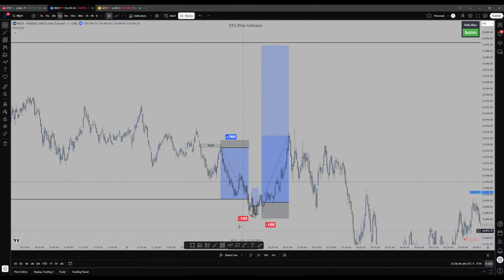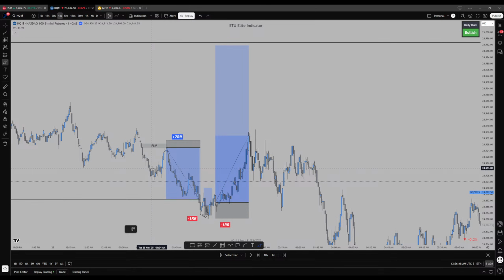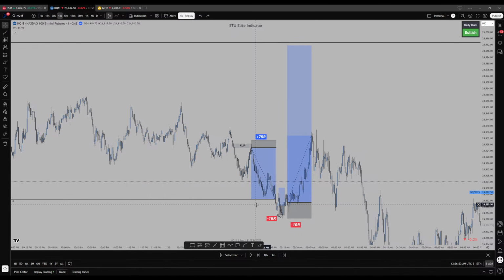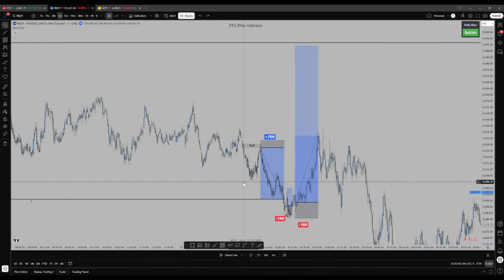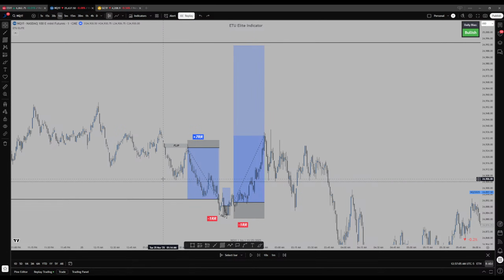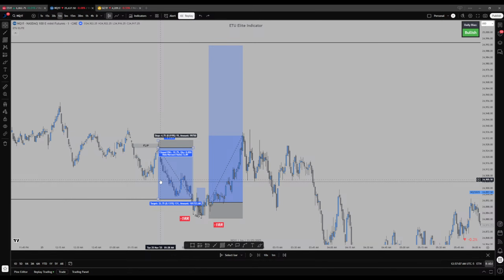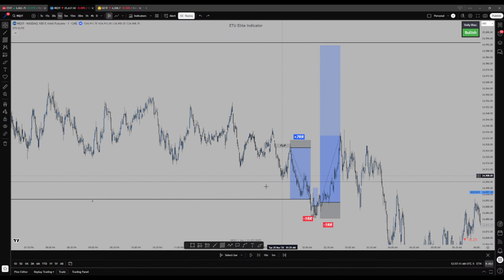Internal is very complicated here because of how price delivered here. So there's some nuances with this. In this case, I'm gonna say I'm leaning towards more pro. Because there's no way you can wait for a change of character here.